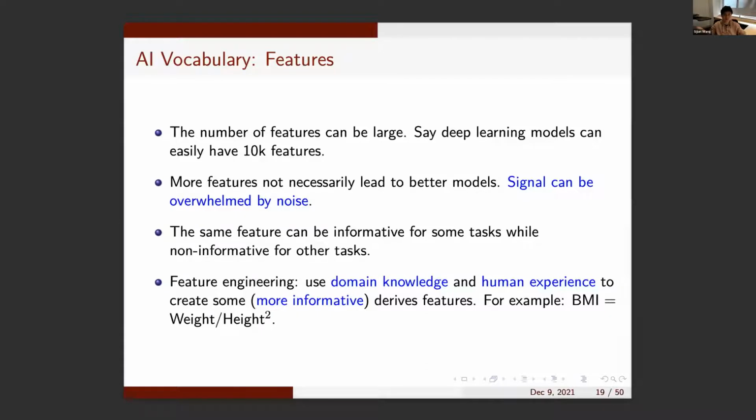So there is an important subject called feature engineering, which means we create useful, informative features from the data. Here I want to emphasize the importance of domain knowledge and human experience to create useful features. For example, people find BMI is much more effective in many tasks than using the weight and the height separately.